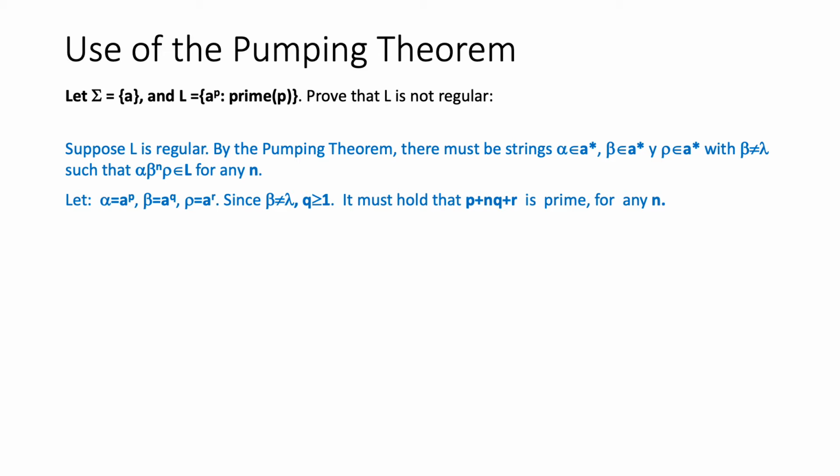Since beta is not lambda, then I know that q has to be greater than or equal to 1. If alpha concatenated with beta n times with rho is a member of L, that means that p plus n times q plus r is prime for any n.